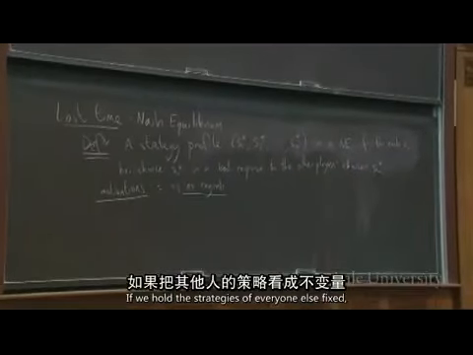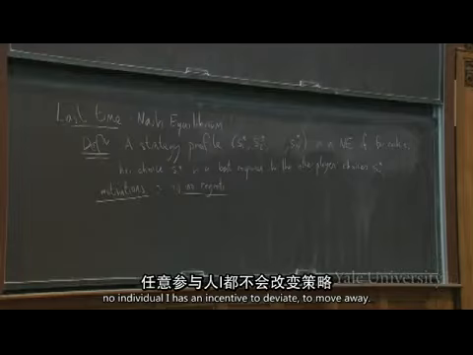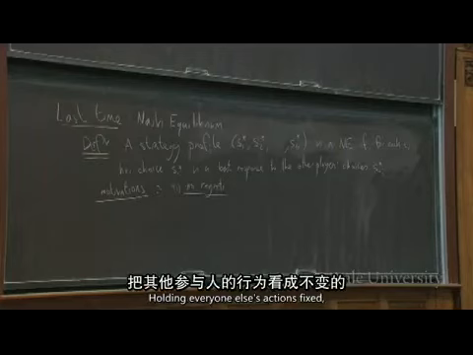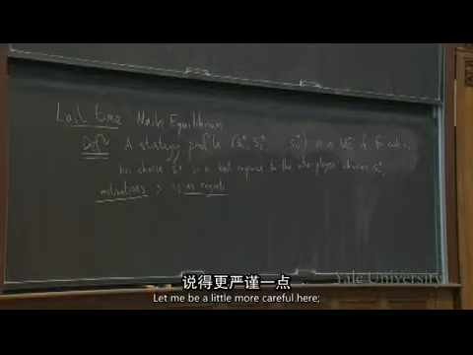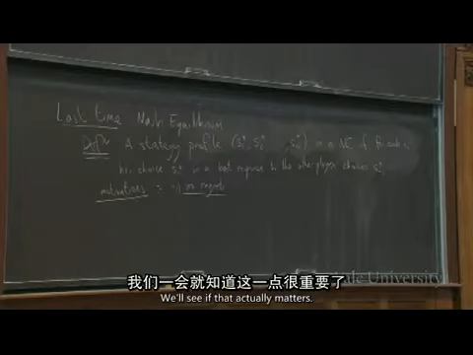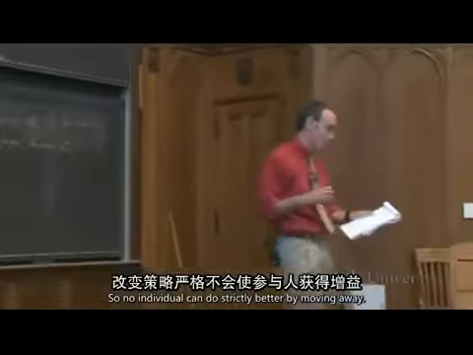If we hold the strategies of everyone else fixed, no individual I has an incentive to deviate, to move away. Right, so again, holding everyone else's actions fixed, no individual has any incentive to move away. And let me be a little bit more careful here. No individual has any strict incentive to move away. Right, we'll see that that actually matters. Right, so no individual can do strictly better by moving away.